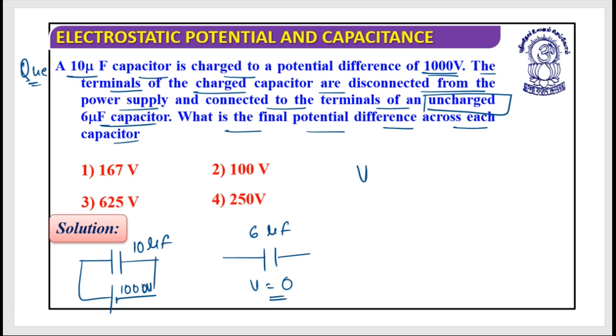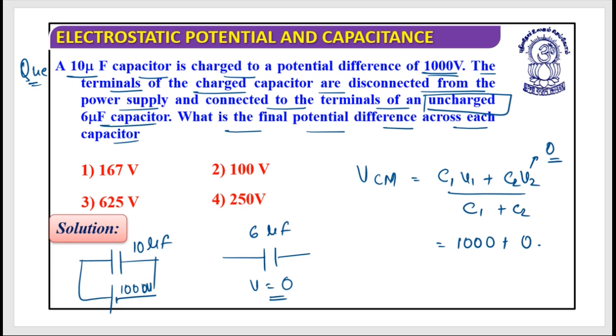So what I need to do is find V common, which is C1 V1 plus C2 V2 divided by C1 plus C2. So for C1, it's 1000 multiplied by 10, that is 10,000, plus 0 because the other is uncharged. Divided by C1 plus C2, it's 10 plus 6, which is 16 microfarad.